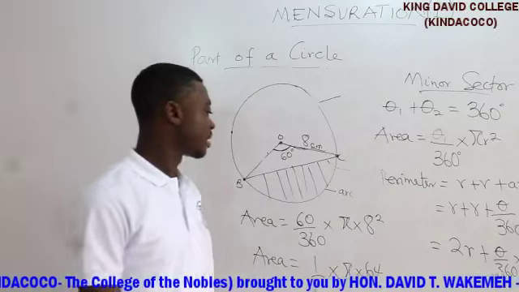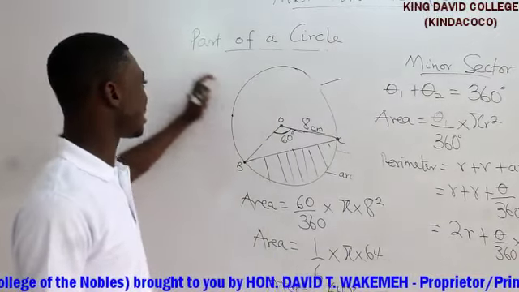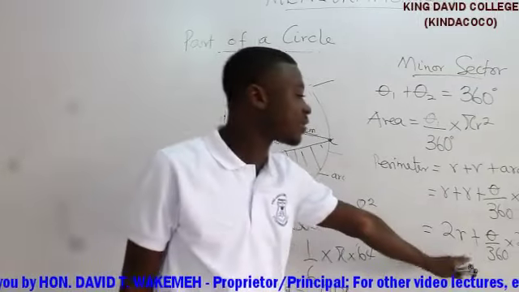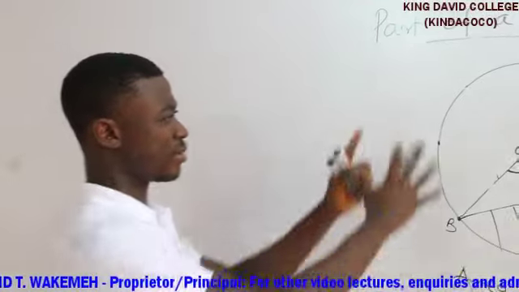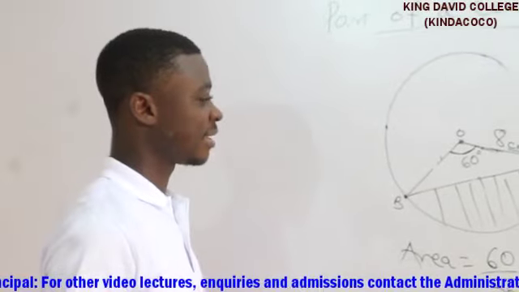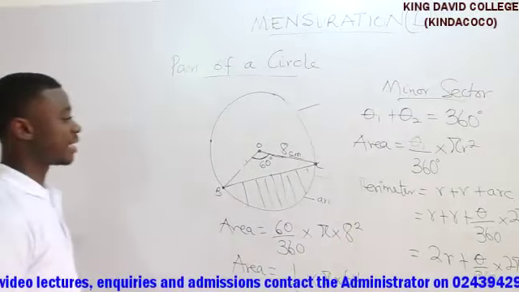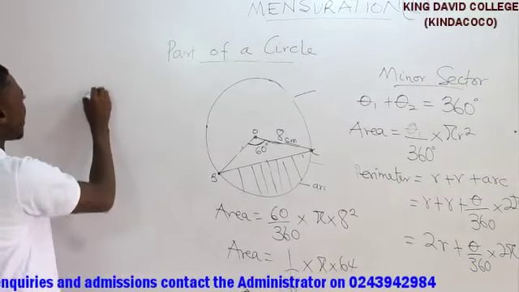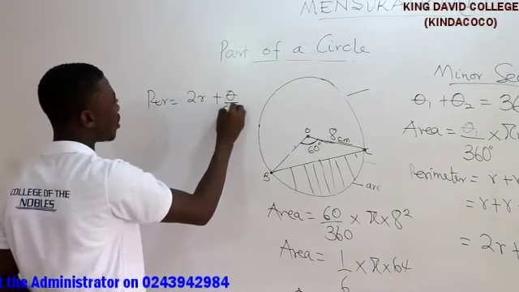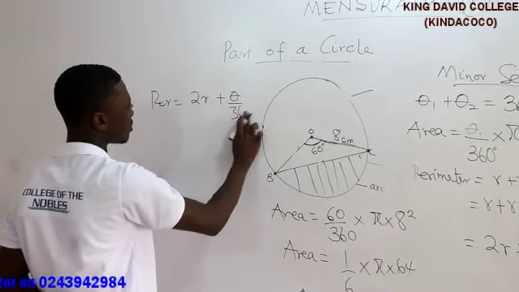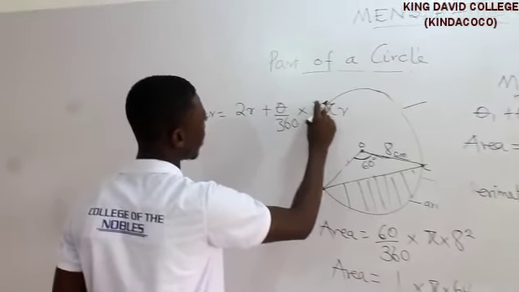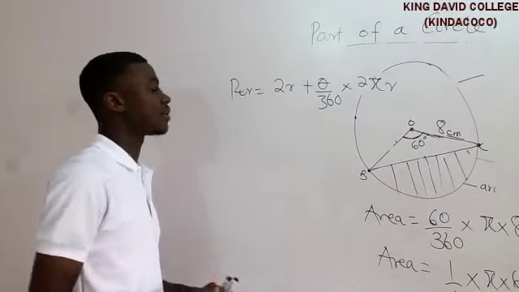In the same way, if I am using this same question and I'm supposed to find the perimeter of this, then I'll just rely on this formula. So let's say we're doing the same thing for the perimeter, using the very same values we have there. So we said that the perimeter is given as 2r plus theta over 360 times 2 pi r.